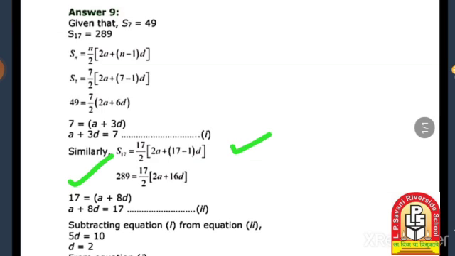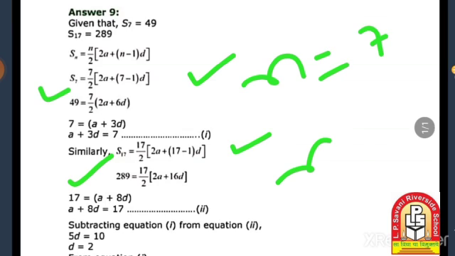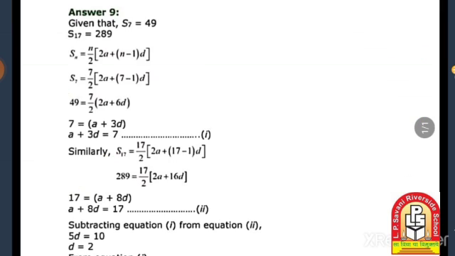And S17 is equal to 17 by 2, 2a plus 17 minus 1. In these two expressions, what we have used is 7 in place of n here, and 17 in place of n here. By using 7 and 17 we get these two formulas. The first one is a plus 3d equal to 7, and in the next, 17 minus 1 is 16d.